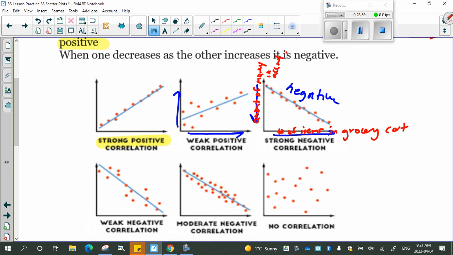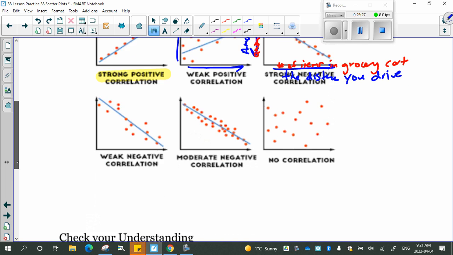What about the distance you drive and the amount of gas in your car? Yeah? So the farther you drive, the less gas there's going to be in the car? Yeah? Anyone think of any other ones? Those 2 make sense? Okay, a weak negative correlation.